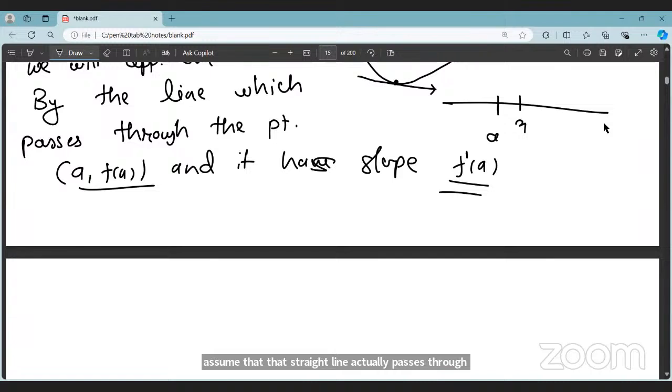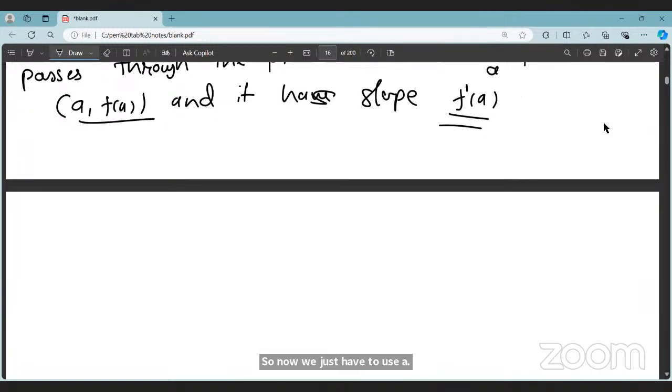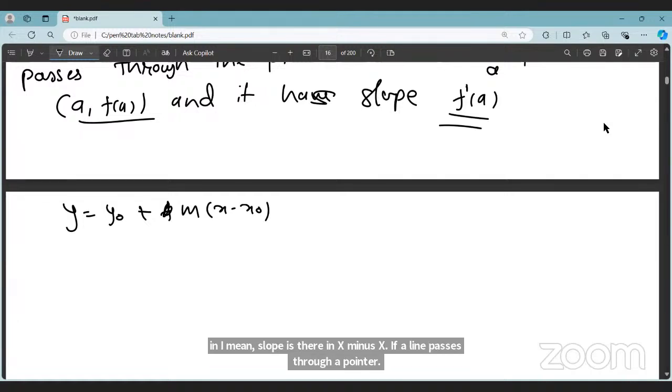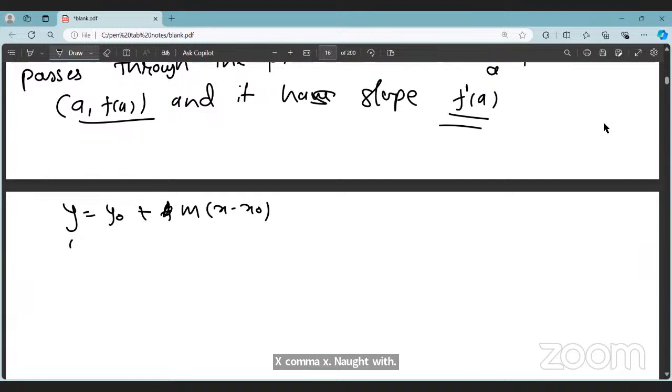Now we just have to use the equation of a line, right? So what is the equation of a line? y equals y naught plus slope times (x minus x naught), if a line passes through the point x naught comma y naught with that slope. So we just replace our known quantities. f of x equals y naught, and y naught here is f of a.